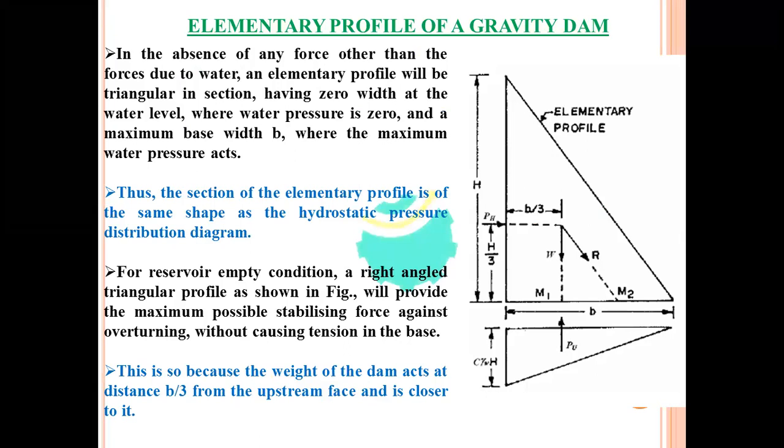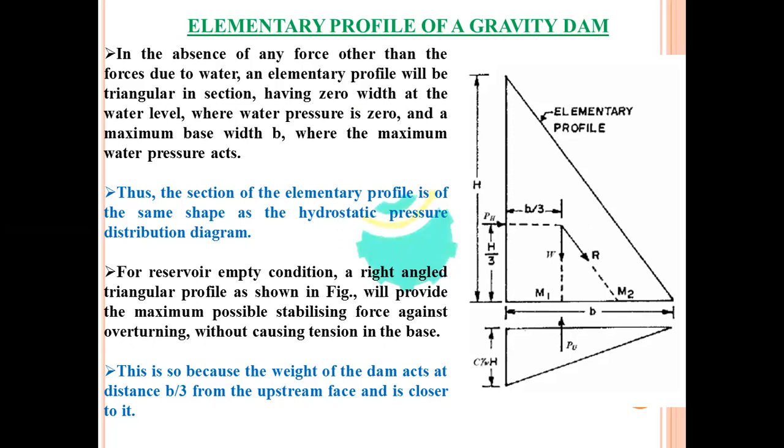Initially the dam is in the shape of a triangle. At the starting of the design, we assume that the dam is in the triangle shape. In that shape, what are the forces acting, how much intensity is acting, and in which way the forces are passing are calculated.